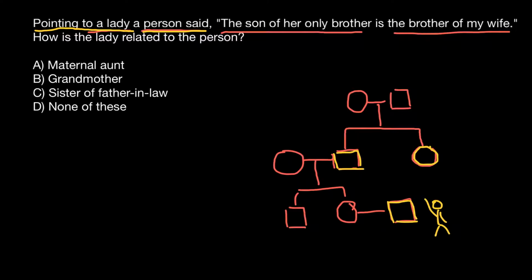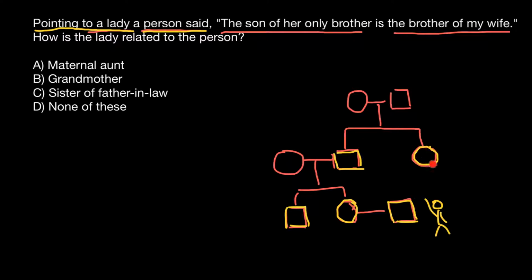This lady has a brother, and only one brother, and he has a son, and that son is a brother of my wife. So now we have to find how this lady is related to this person.